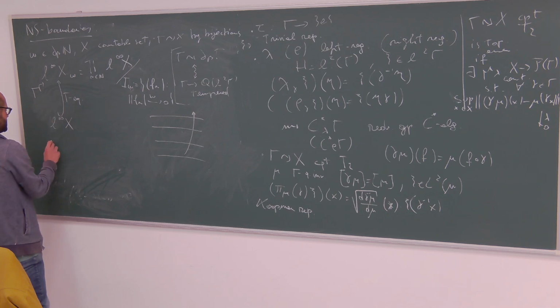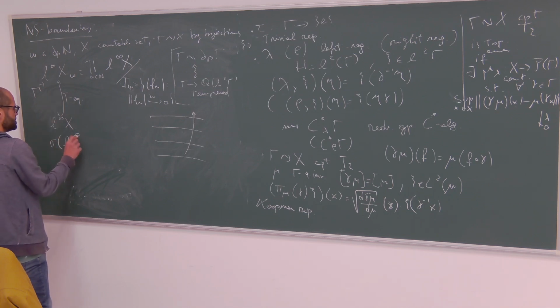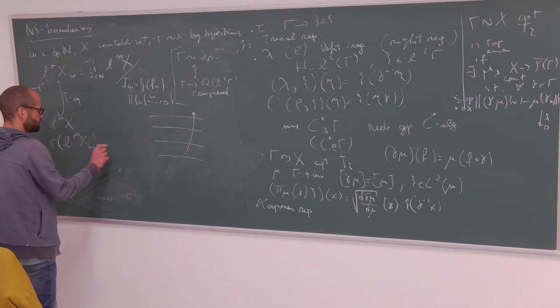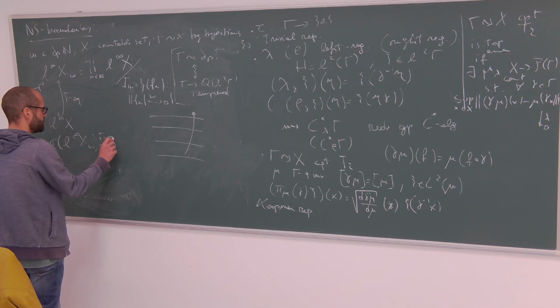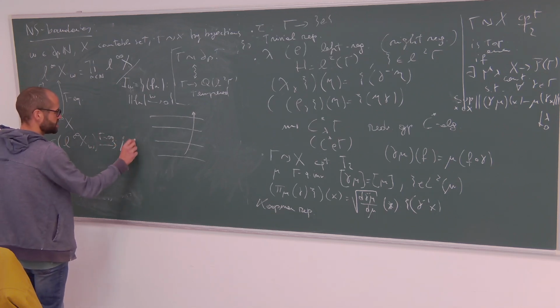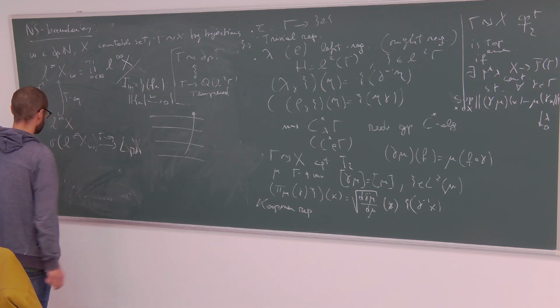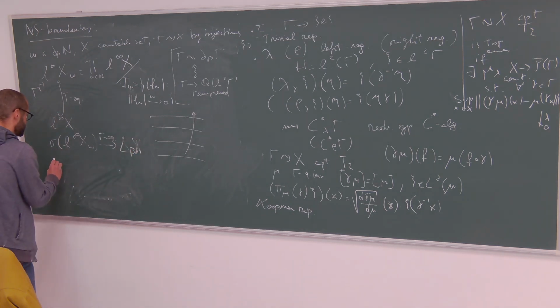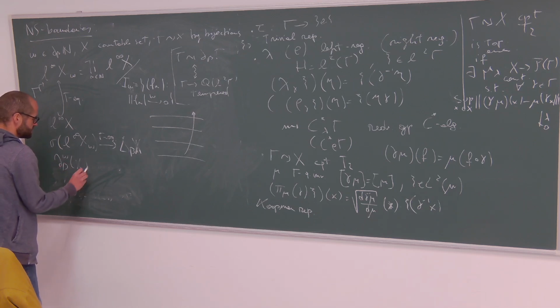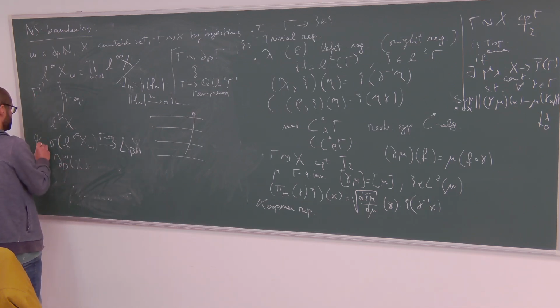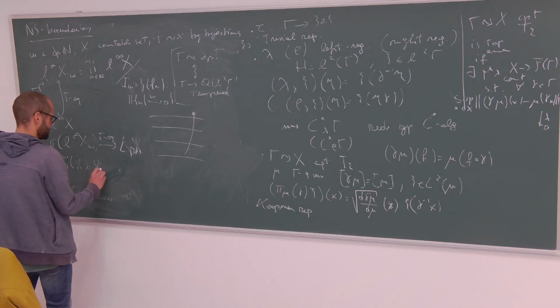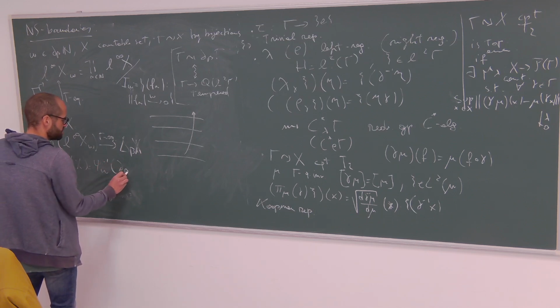We have the spectrum of this ultraproduct. This will surject in a gamma-equivariant way onto the spectrum of this, that is just the Stone-Čech compactification of X. And I define the non-standard boundary of X as the inverse image under this surjection of the Stone-Čech boundary.